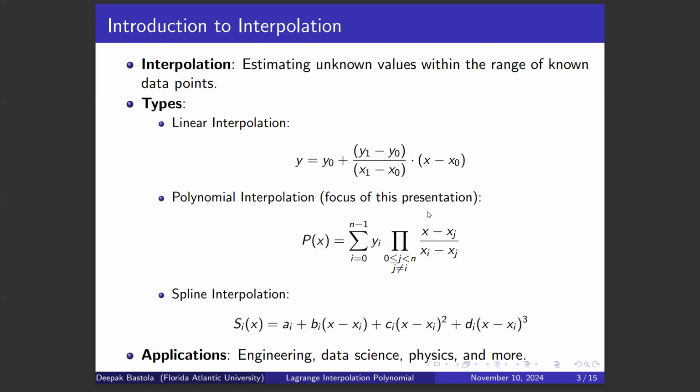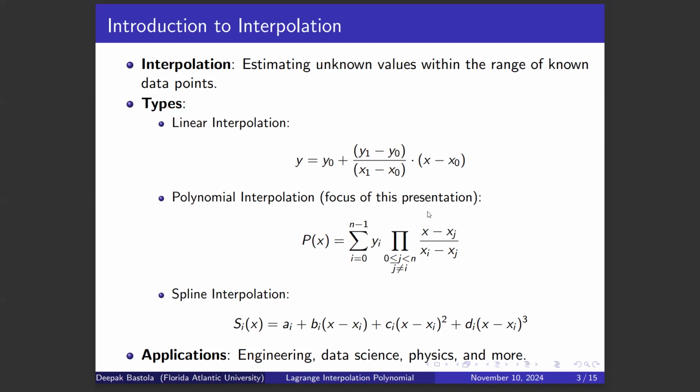So let me begin with the definition of interpolation. Interpolation is to estimate unknown values within the range of known data points. We will have some data points known from our past observations, and we will apply them to understand what the other unknown values would be, maybe in the future or in between the range of the observed data points.